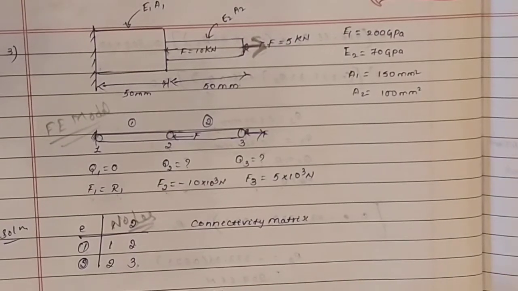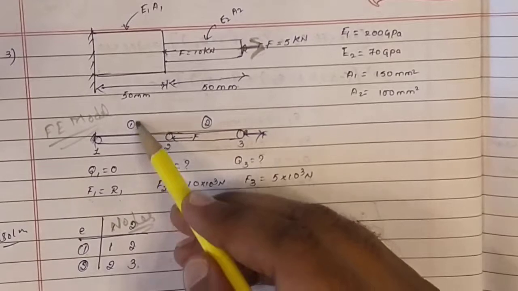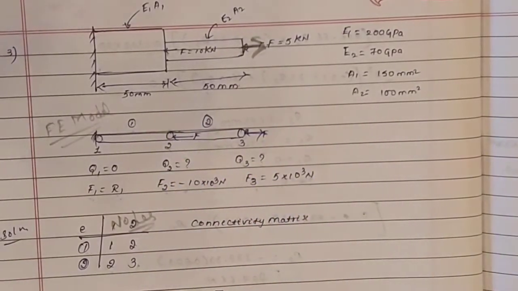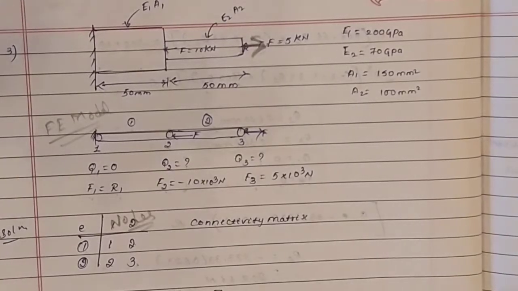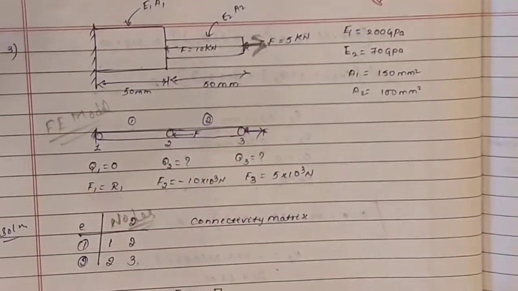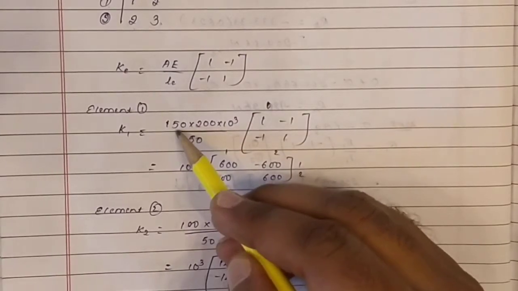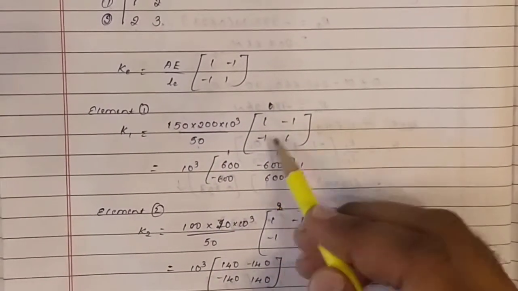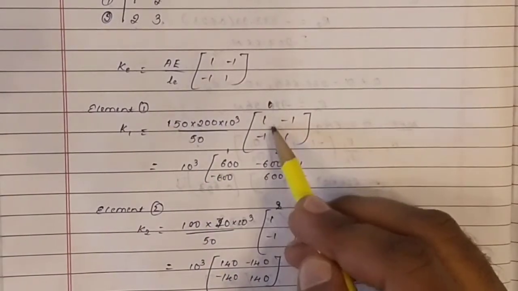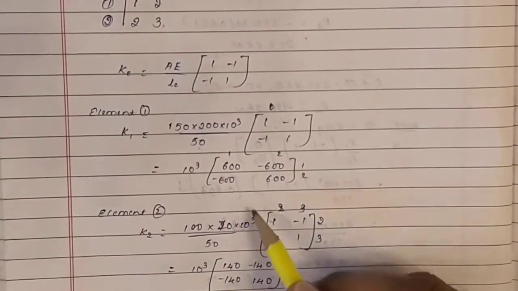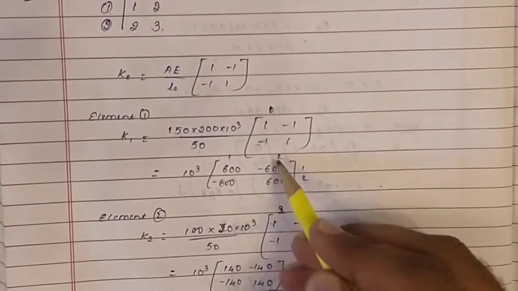So write A1, E1 and L1 of the first element properly. So this is A1 E1 by L1 into [1 -1; -1 1], with 10 power 3 common. Multiply the whole thing inside, you get 600, minus 600, minus 600, 600, between the nodes 1 and 2.